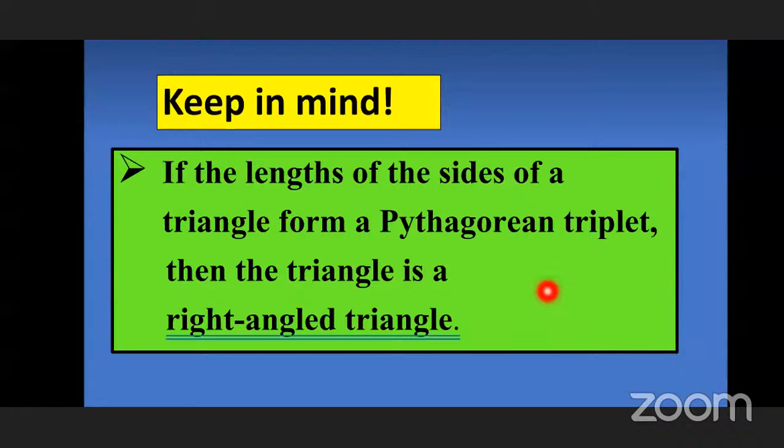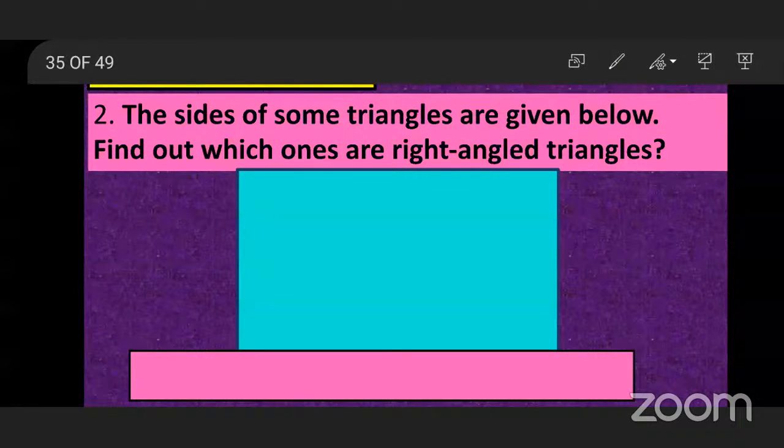That is why the Pythagorean triplet is also a property of Pythagoras theorem. So here, there are some sides given and from the sides, we have to check whether it makes a right angled triangle or not.